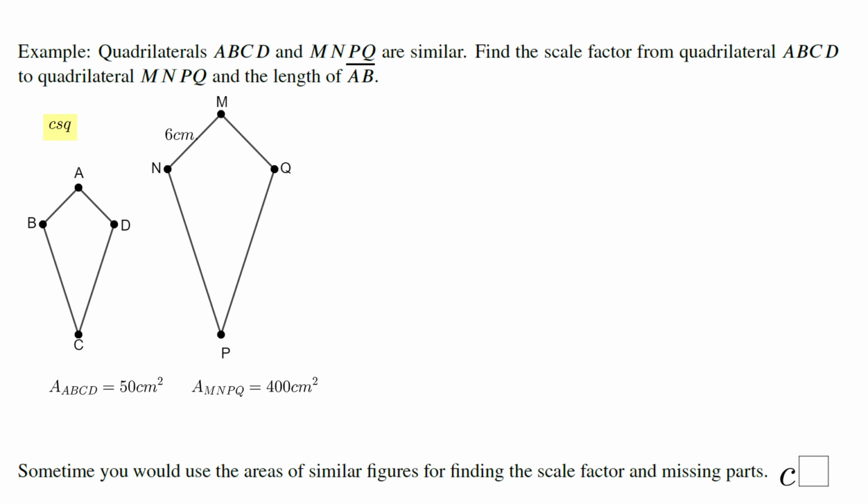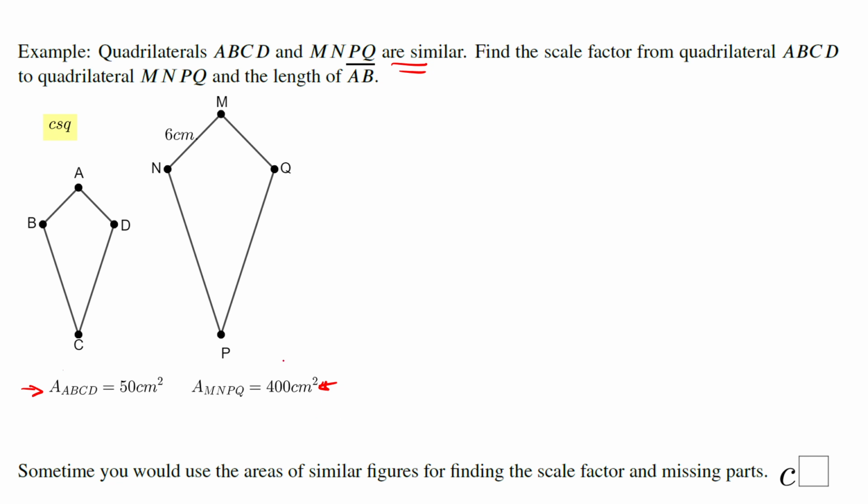On this second example, we have also similar quadrilaterals. We need to find a scale factor of the quadrilateral ABCD to quadrilateral MNPQ and the length of AB. If you notice now, we know they are similar, very important, and we have these two areas of the small and the large.